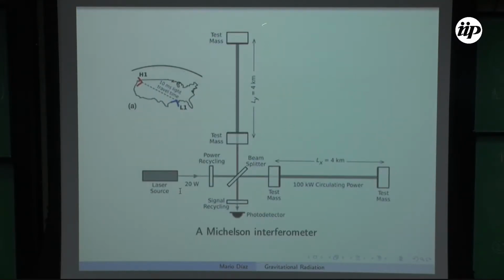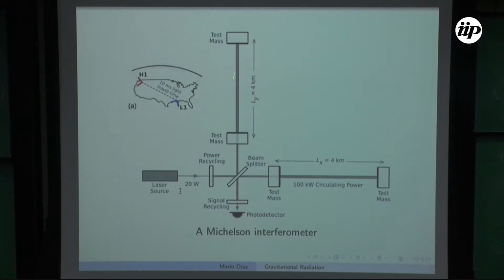So this is a sketch of an interferometer, a new incarnation of Advanced LIGO, and essentially a laser source. It goes through a splitter and moves in two directions at 90 degrees, where two test masses are located 4 kilometers apart from each other.